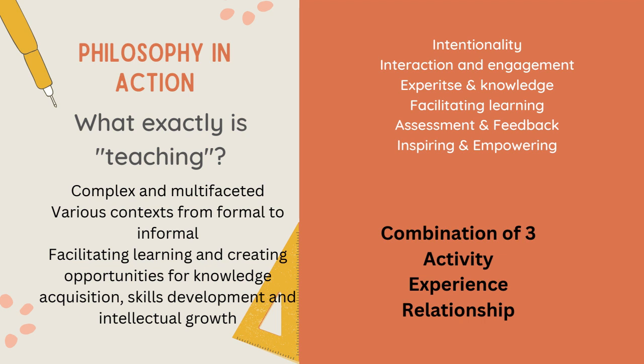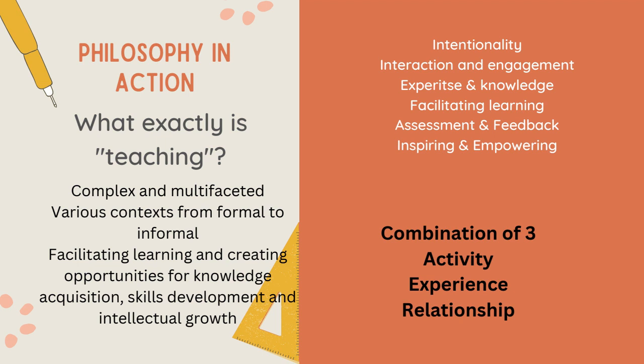either instructional interaction or discussion or whatever it may be. And then lastly, there would have to be some form of relationship. Teaching is fundamentally rooted in relationships. It involves the establishment of a teacher-student relationship, but not only that, it would also involve relationships between teachers and other colleagues, between teachers and parents, and even between students themselves.